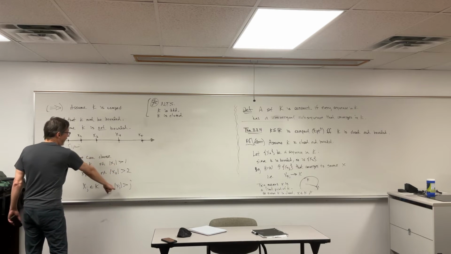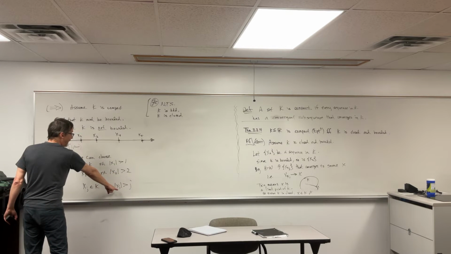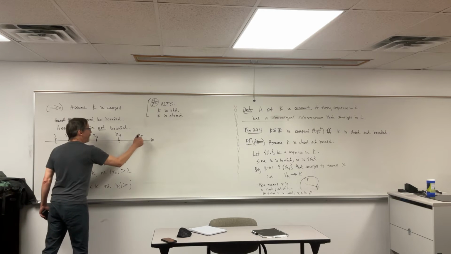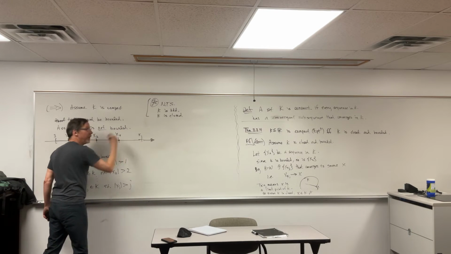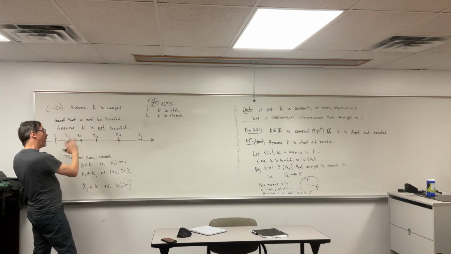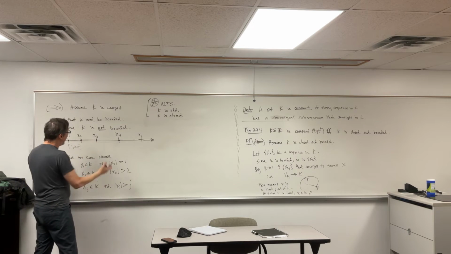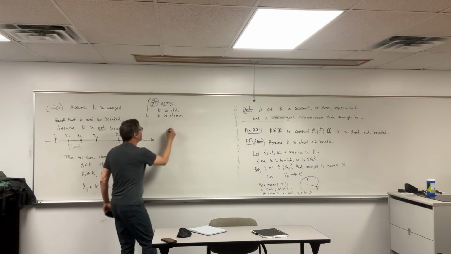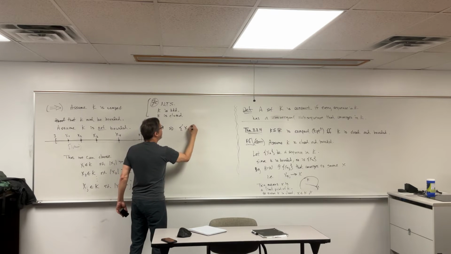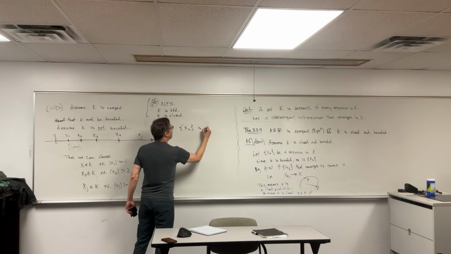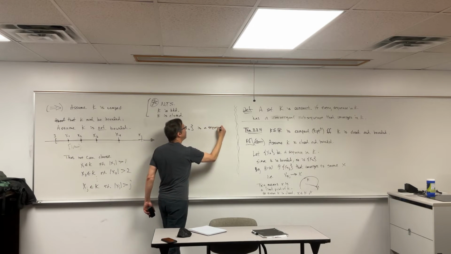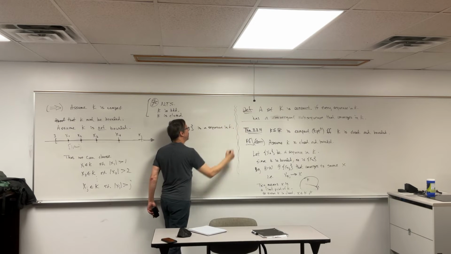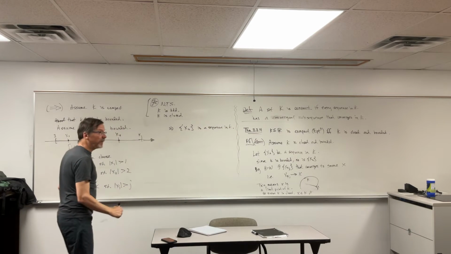This x1 could actually be bigger than this one. I'm not saying it isn't. It's all good. There's no order implied here. But I do now have this sequence. So x sub n is a sequence in K. It's an unbounded sequence in K.